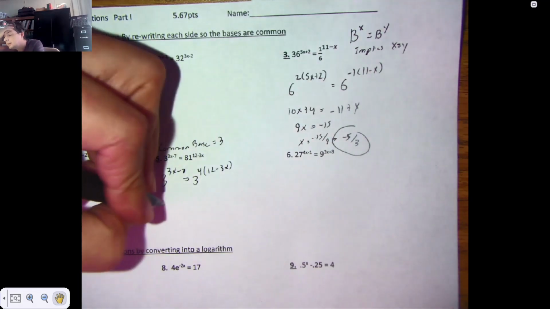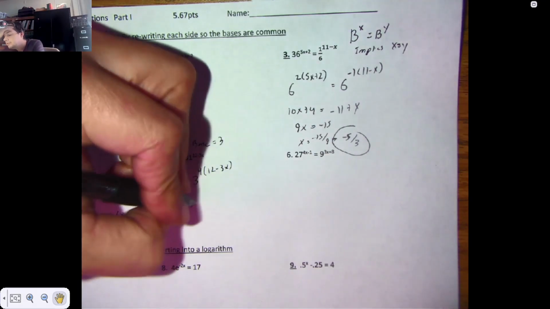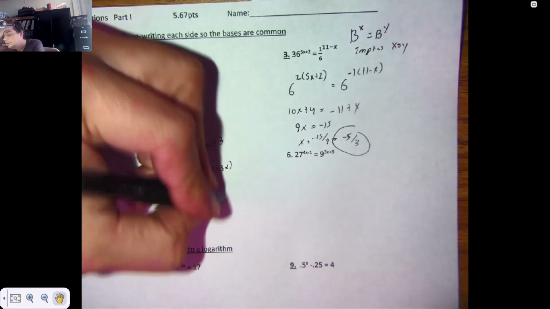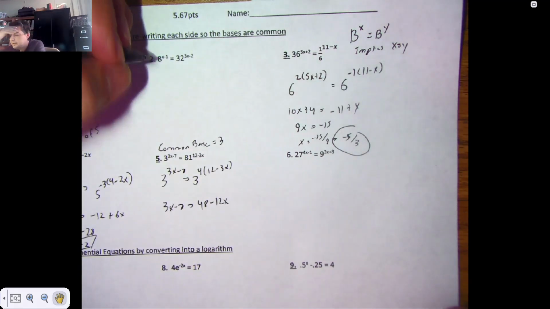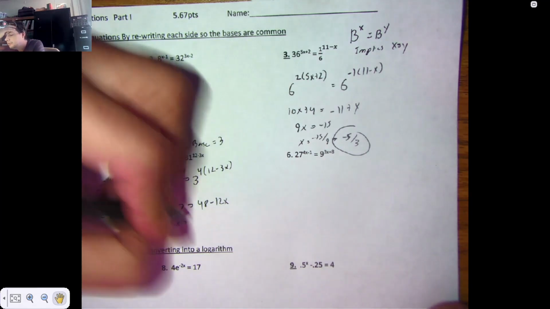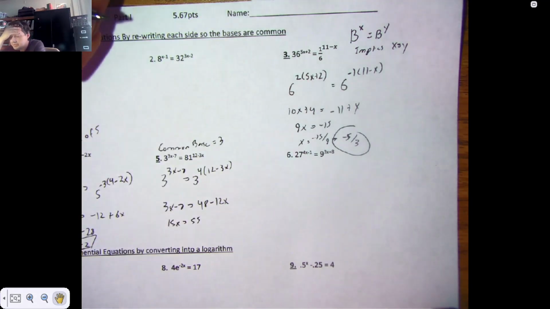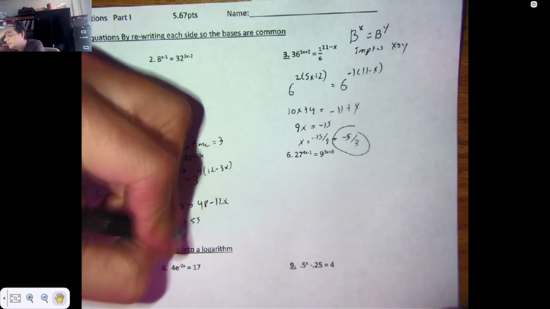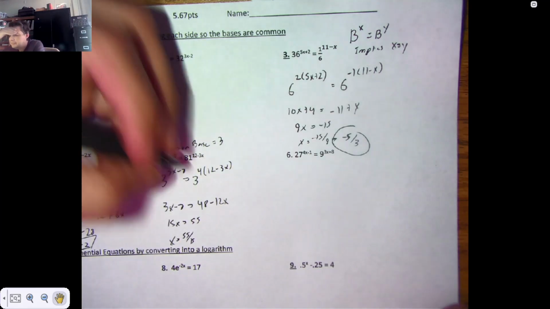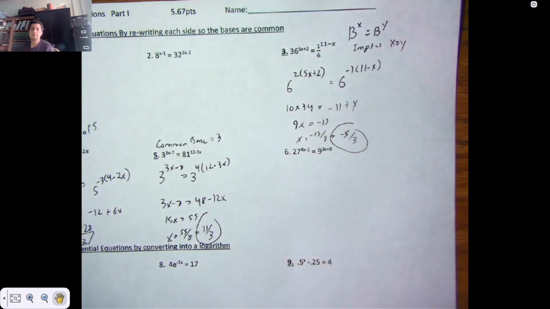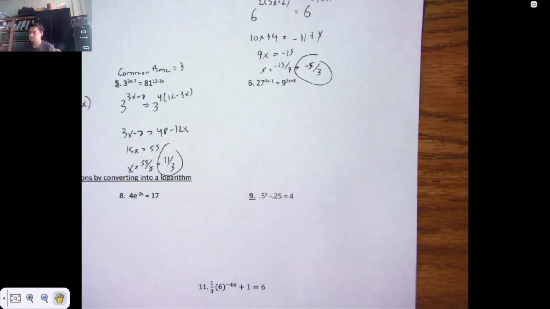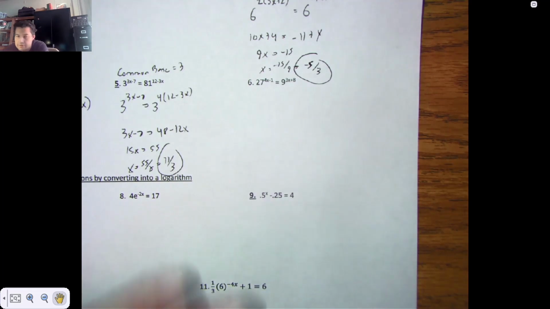Bases are the same, drop them. 3x minus 7 is 48 minus 12x. X is on one side, numbers on the other, same old thing. 15x is 55. It's going to be a fraction. X is 55 over 15, both divisible by 5. That's 11/3.